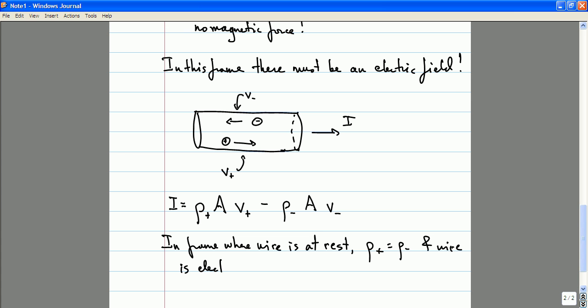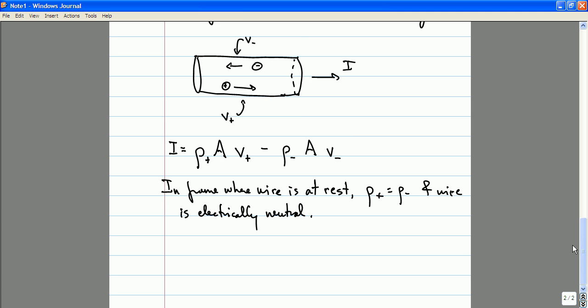It has no net electric charge. But in the frame where it is moving, what is going to happen?